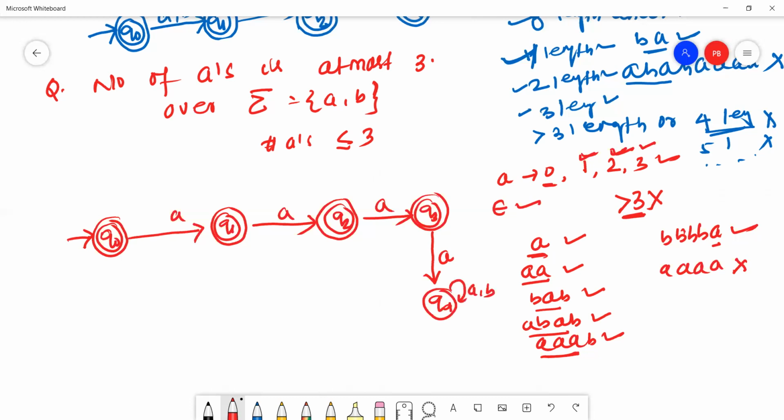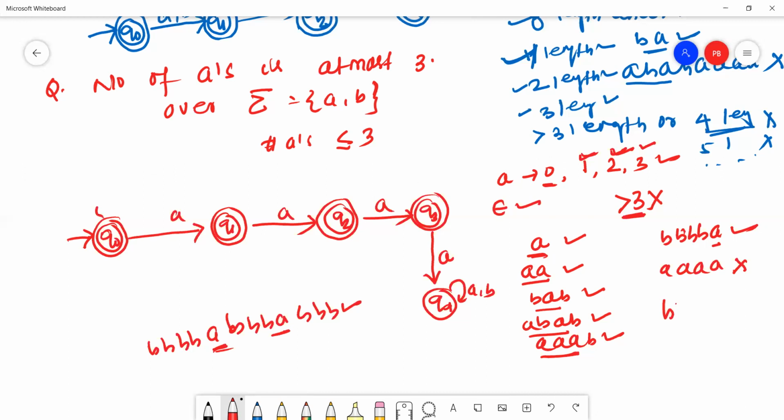A comma B. But any number of B's may come. For example, B, B, B, B, like this. Any number of B's may come because here it is a valid string because the number of edges is less or equal to 3.